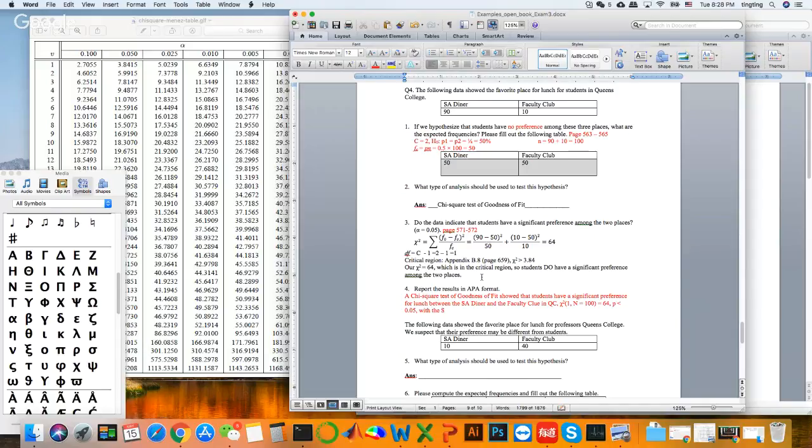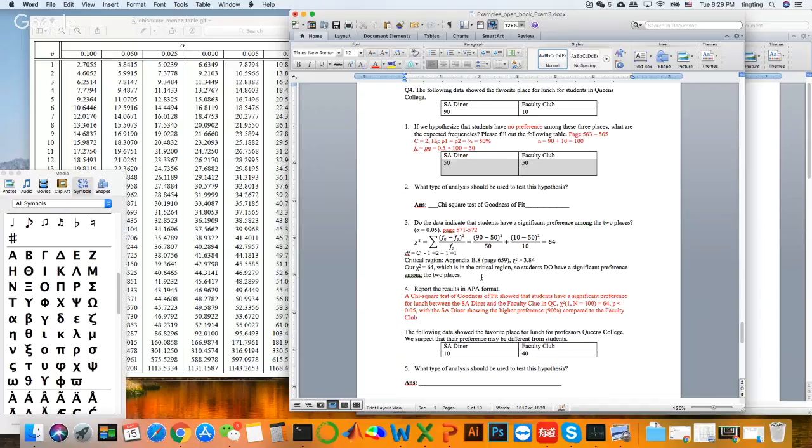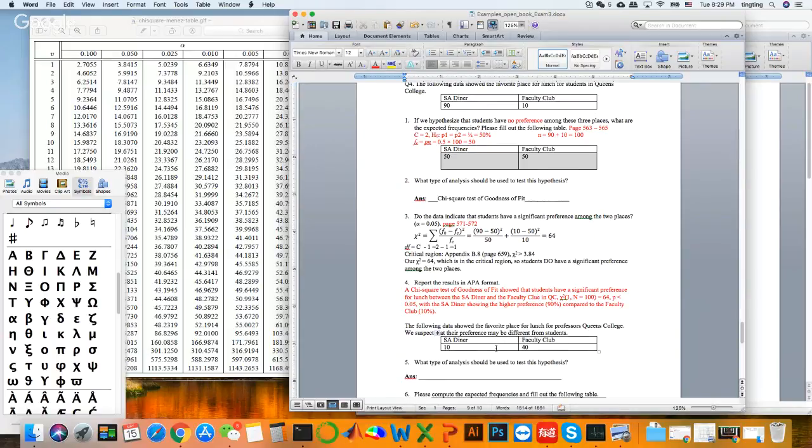Students show a higher preference compared to the faculty club. Right, finish this part.